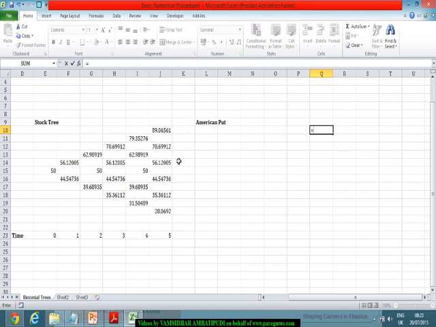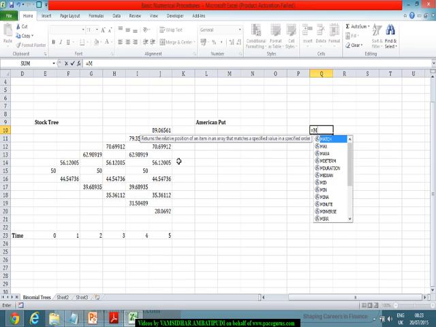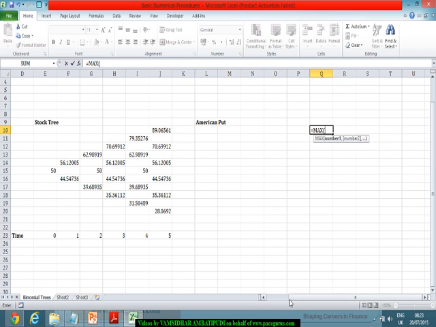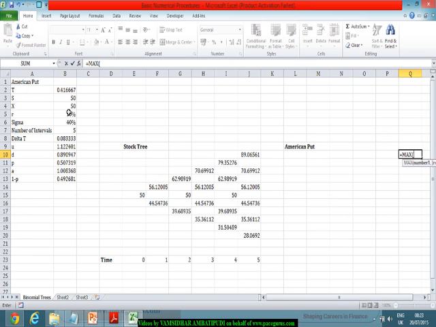I know that the payoff of the put option is the maximum of the strike price minus the stock price, comma 0. So this is where I'll say the maximum of the strike price, which is this much, minus the possible stock price, comma 0. Okay.